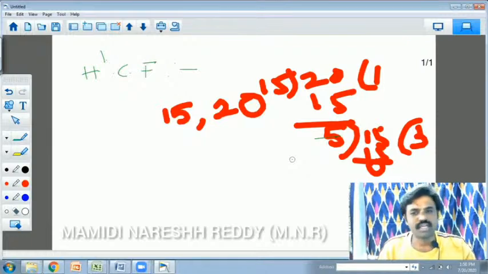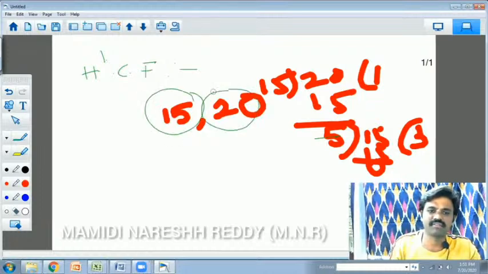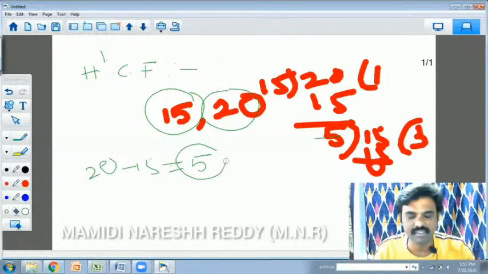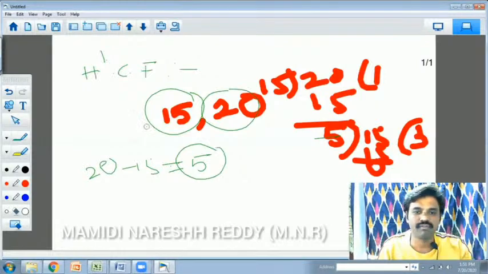But there is one shortcut method. There is no need of dividing here. The shortcut method is just to find the difference of 15 and 20. So 20 minus 15 is equal to 5. We only need to check whether this difference is a factor of 15 and 20 or not.